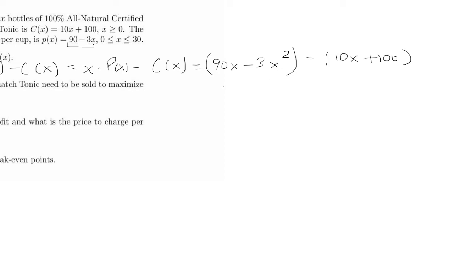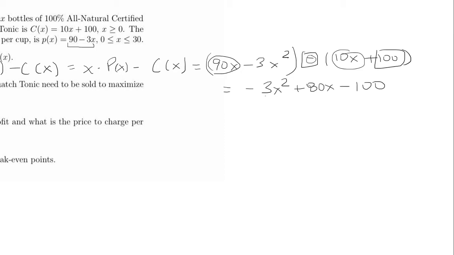So I can simplify this. I have -3x squared, 90x - 10x will give me 80x, and then we have -100 here. Okay, so this is my profit equation.